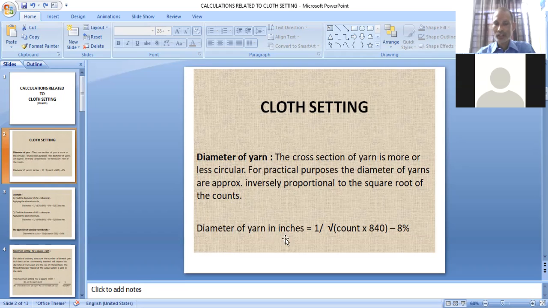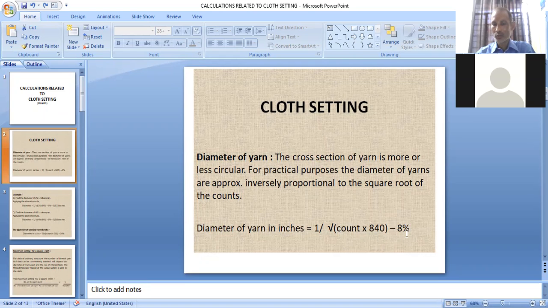So diameter of yarn in inches can be calculated by using one formula here, as we have taken inversely proportional to the square root of yarn count. Inversely proportional means 1 upon yarn count. We have taken the square root of yarn count, and because we are using it for the English cotton count system, this constant is used along with the count. So root count into 840. Then minus 8%.